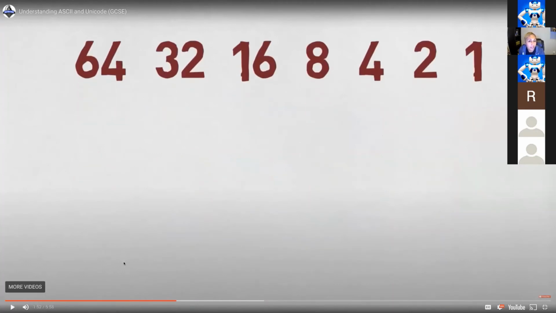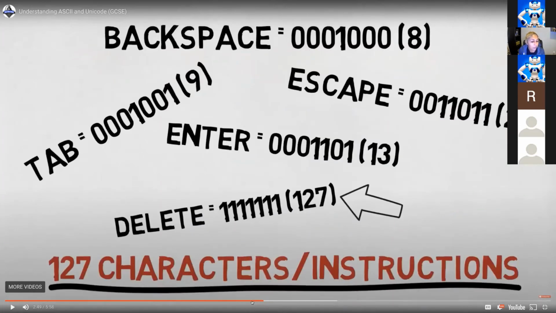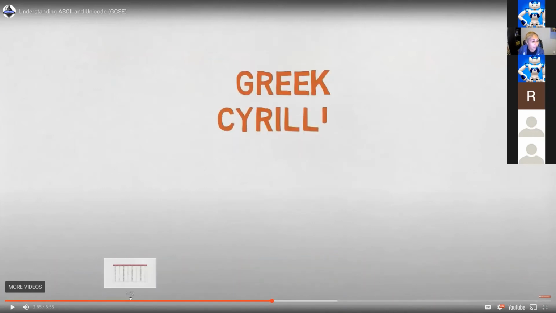Now, when you think about all of the different languages in the world and all the different characters and symbols that we use, even like the Chinese characters that she was just talking about, that's not enough space for us to represent all of that. So fast forward a little bit, we had to come up with another way to represent the additional languages, characters and symbols.